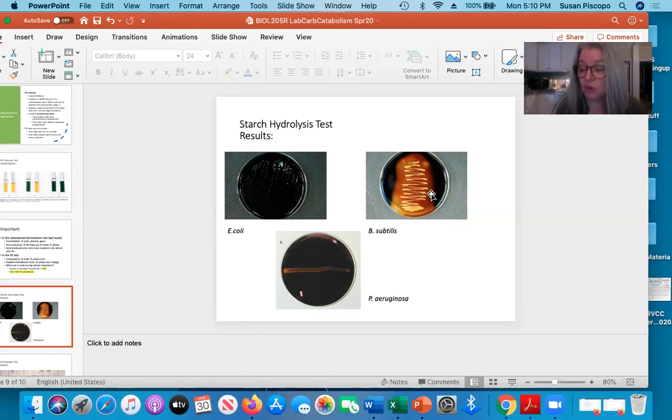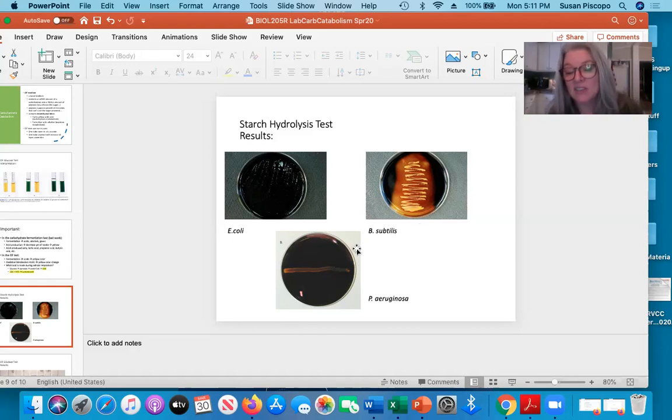If you were to put a piece of paper behind that Petri dish, behind that agar plate, you would be able to read the writing in those clear areas. All right, so this is a plate where the starch was broken down, where the starch was hydrolyzed. So these Bacillus subtilis cells must have secreted amylase to break down that starch.